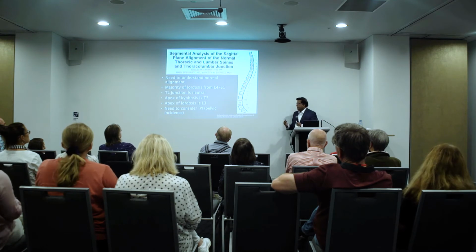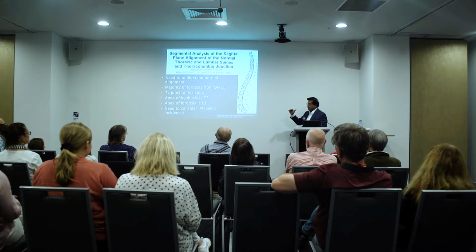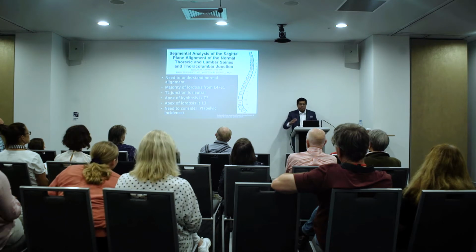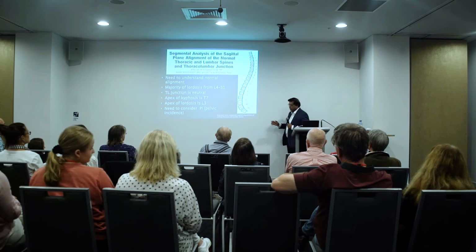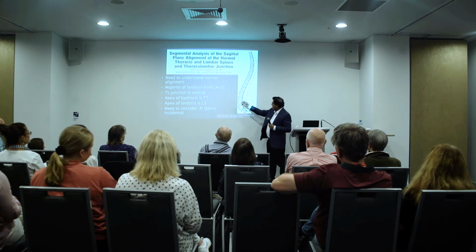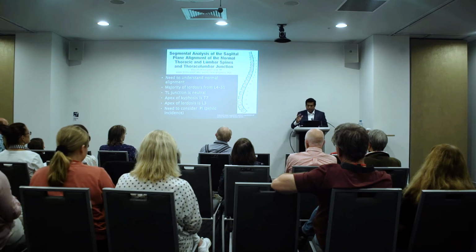So we have looked at what is the normal alignment. Where should the lordosis be? Where should the kyphosis be? Where should the apex of these curves be? So this is, again, a normal curve. And by looking at a large group of normal patients, we have worked out that the majority of the lordosis, or the lumbar curve, should be between L4 and S1 in a spine that has a normal alignment.